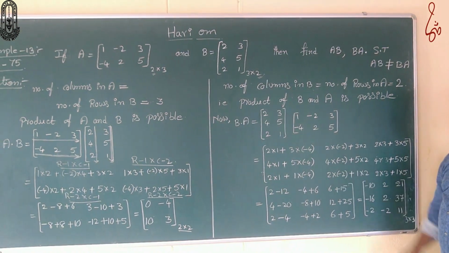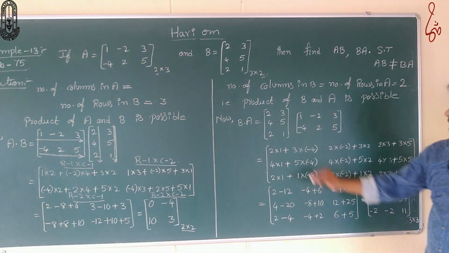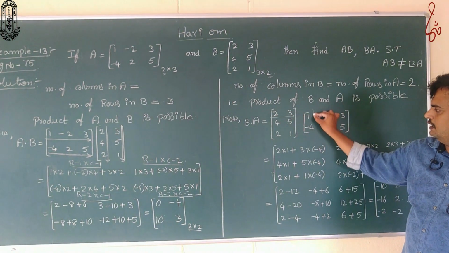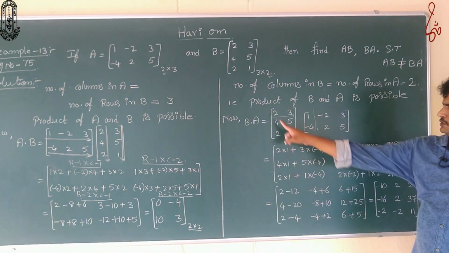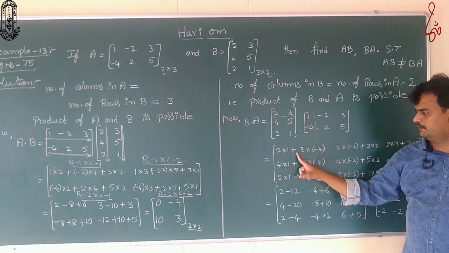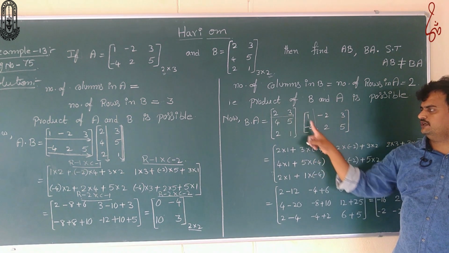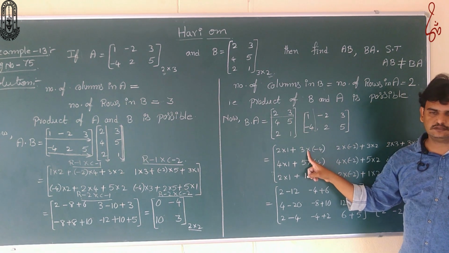Now let us see how to multiply. As we know that here I have 3 rows in B matrix, first row and first column. So 2 into 1 plus 3 into minus 4. First row with first column elements.